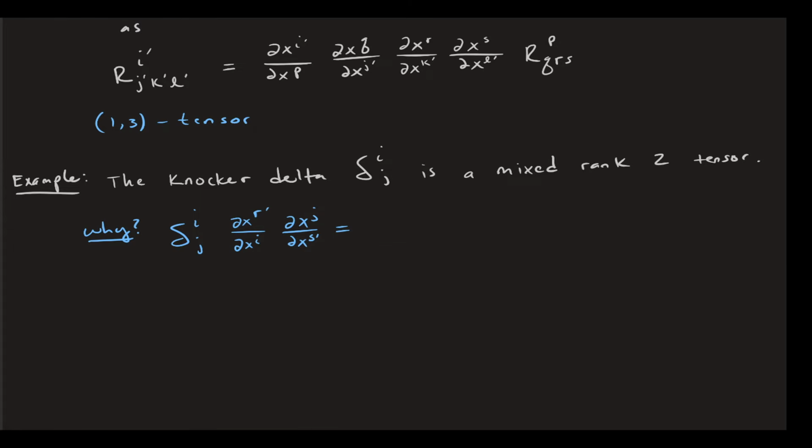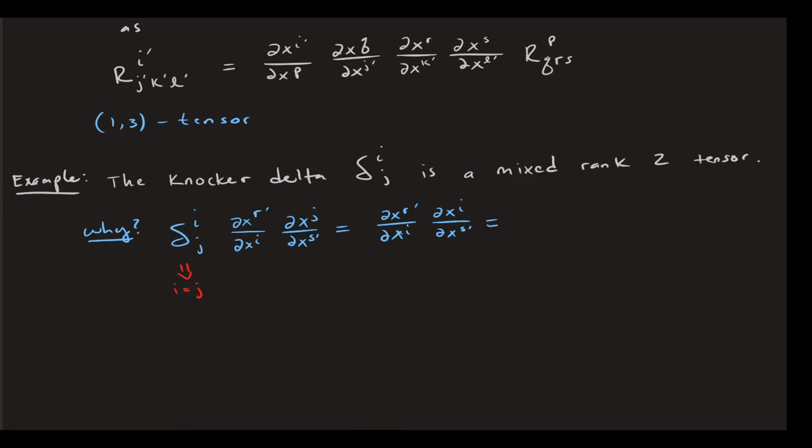Well, what would that mean? It means i and j have to be the same thing, right? So this delta tells me that i equals j. So if i is equal to j, and that delta turns into a 1, I get partial x^r' over partial x^i, times partial x^i over partial x^s'. Well, now there's a summation happening here.